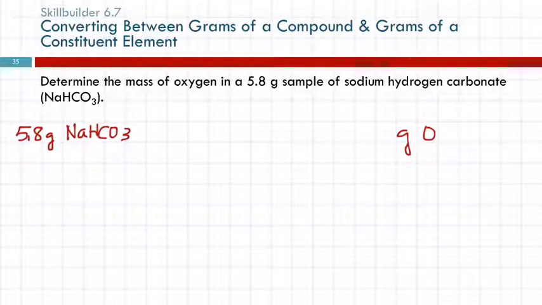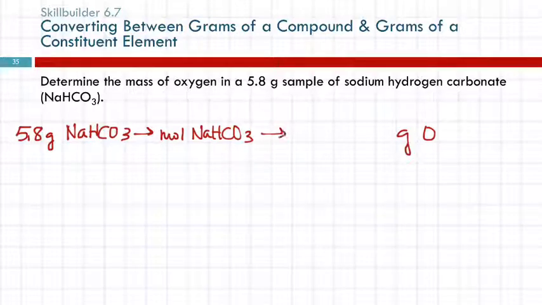What unit do I probably need in the middle? Moles. I need moles in the middle. I can go from grams of sodium hydrogen carbonate to moles of sodium hydrogen carbonate. That's the molar mass. We have to calculate it. It might be tedious, but we can do it.